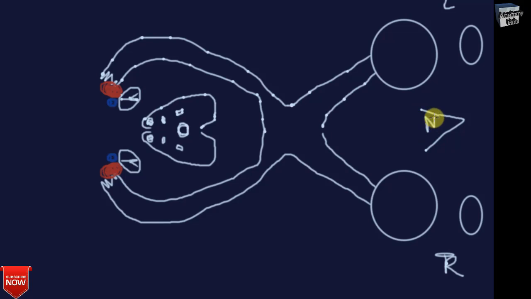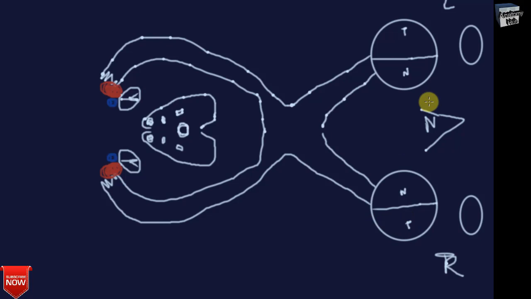You divide it into two hemispheres, so this is your nasal hemisphere, and here also the nasal hemisphere, and this is your temporal hemisphere, and here also the temporal hemisphere.